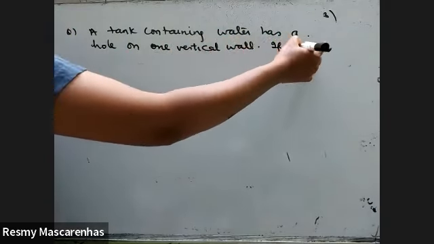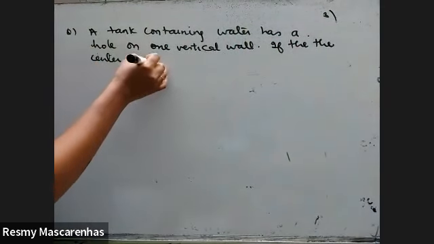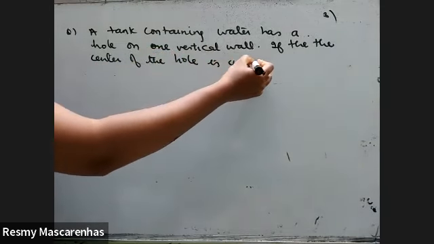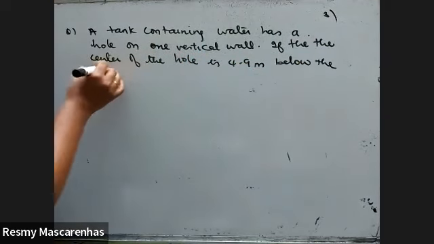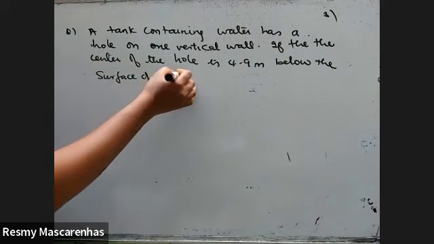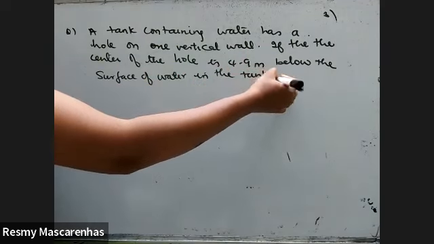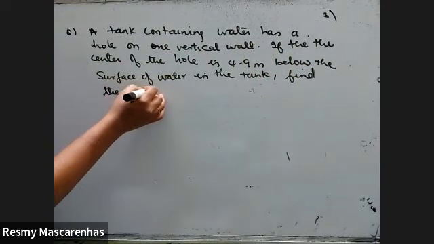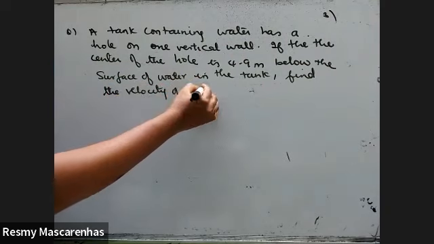If the center of the hole is 4.5 meter below the surface of water in the tank, find the velocity of water discharge.